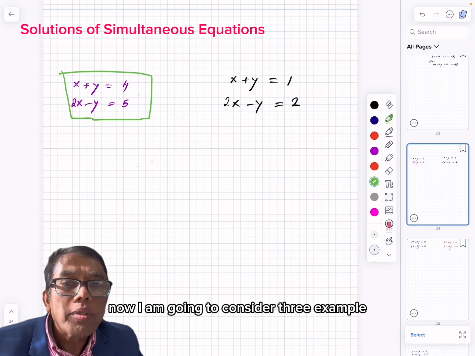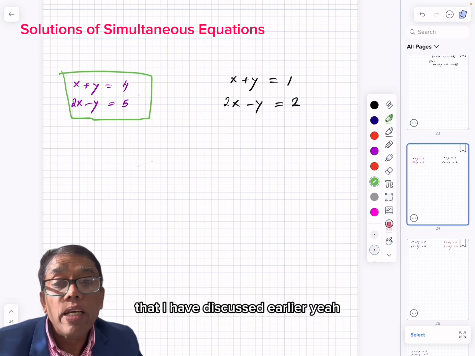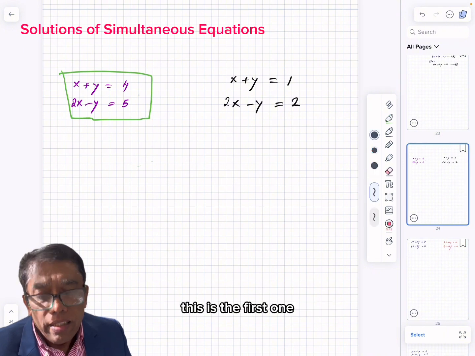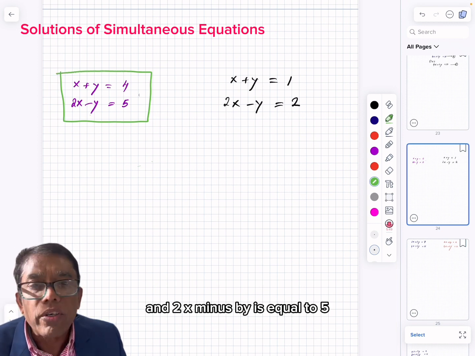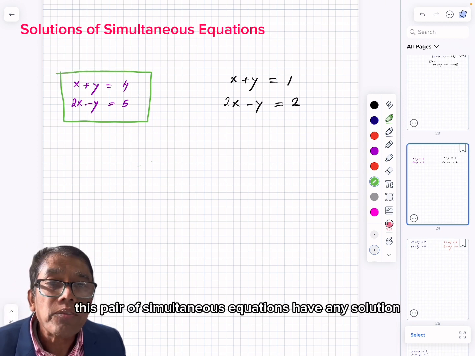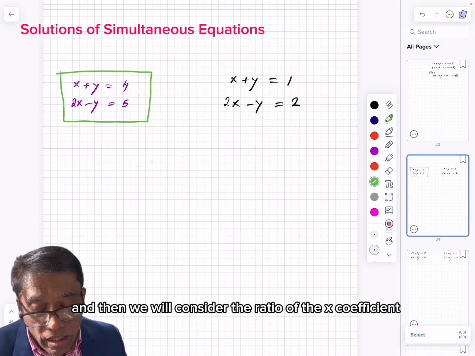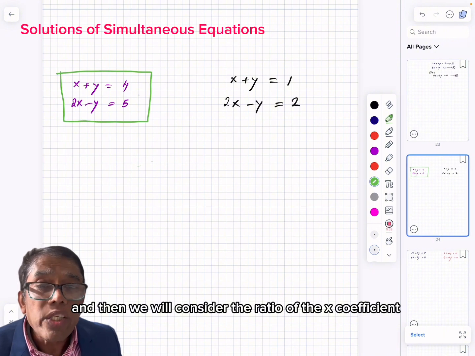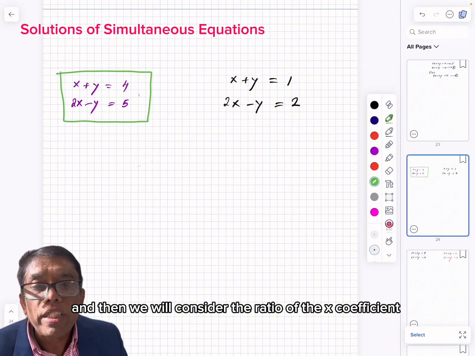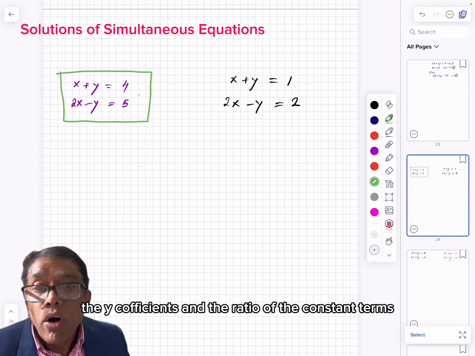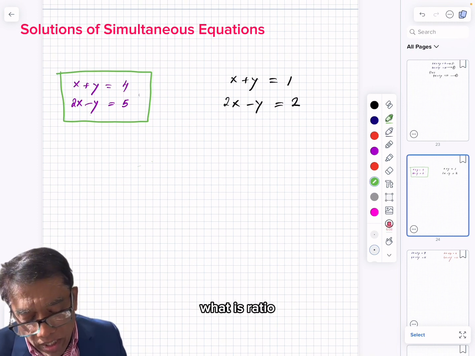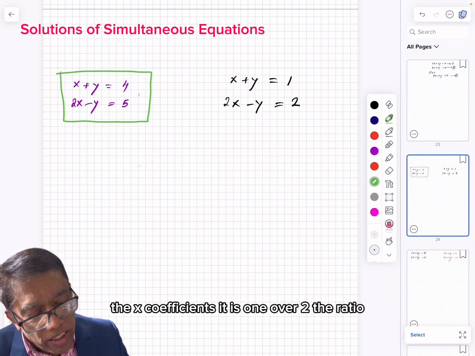Now I am going to consider the three examples that I have discussed earlier. This is the first one. The first one is x plus y is equal to 4 and 2x minus y is equal to 5. We know that this pair of simultaneous equations has a unique solution. Then we will consider the ratio of the x coefficients, the ratio of the y coefficients, and the ratio of the constant terms. What is the ratio of the x coefficients?